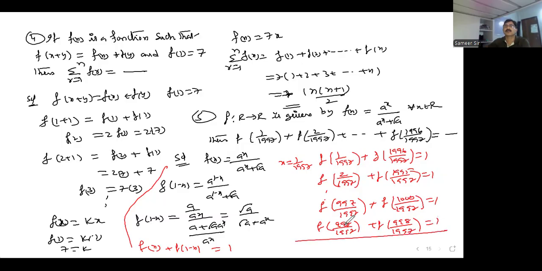If we add all those things, this is 2 times is there. 1 time only we have to take. So 1 by 2. So how many times here? This you remember adding. While adding 1 to this all. So how many times? 1997 times.